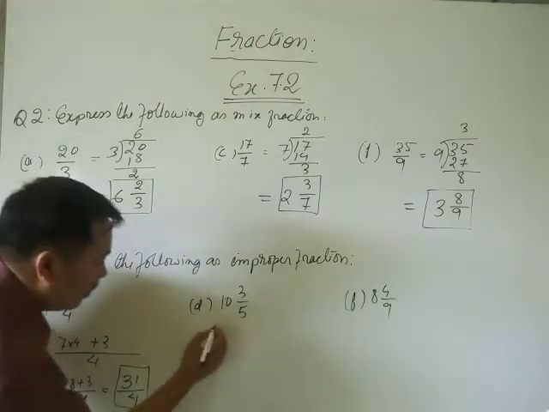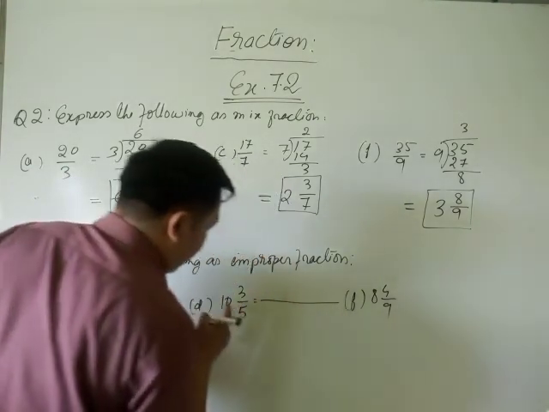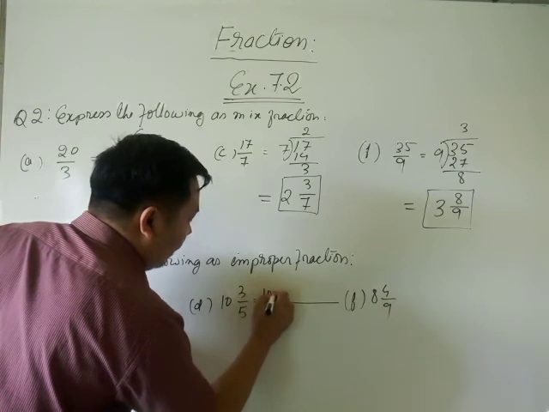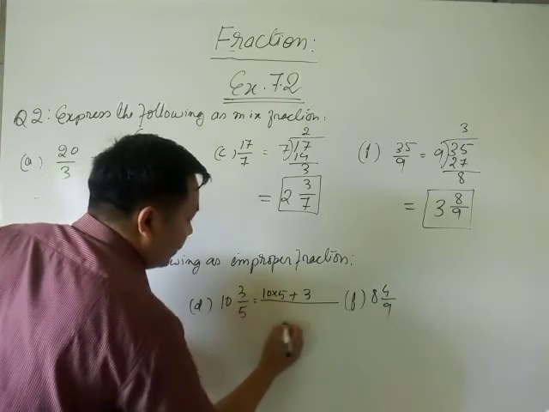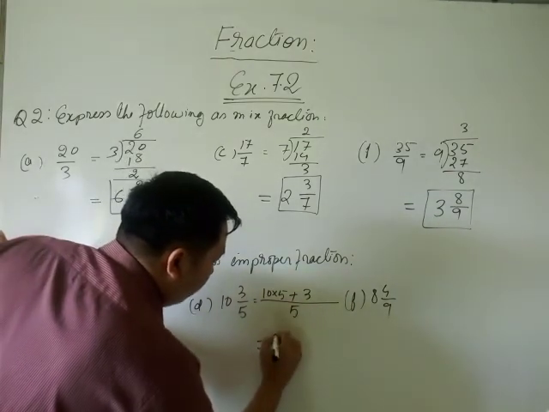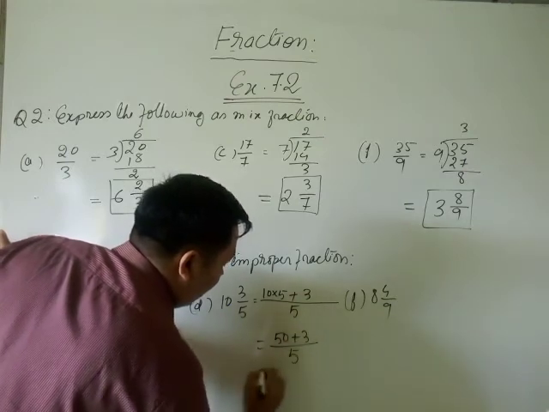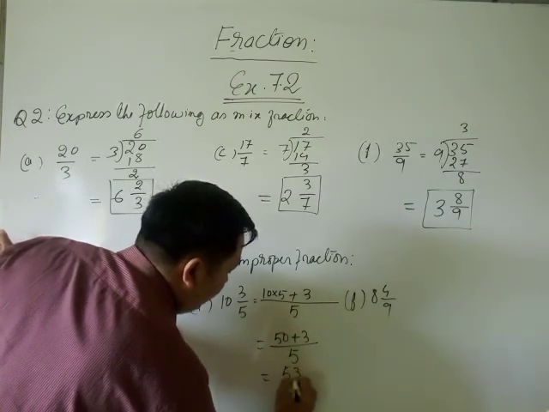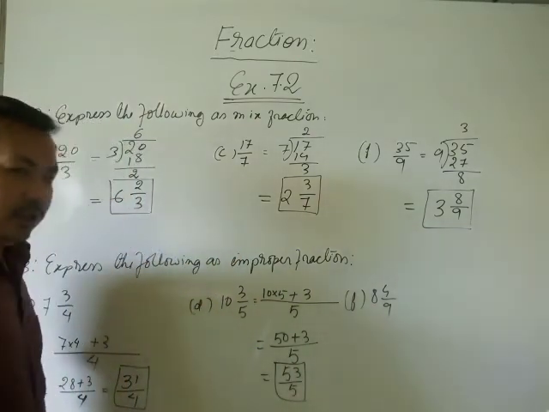Like this, here also you see, take a longer line here, then 10 into 5, plus 3, and the denominator will be 5. Then 10 into 5 is 50, plus 3, by 5. That means you are getting here 53 by 5. So 53 by 5 is the improper fraction.